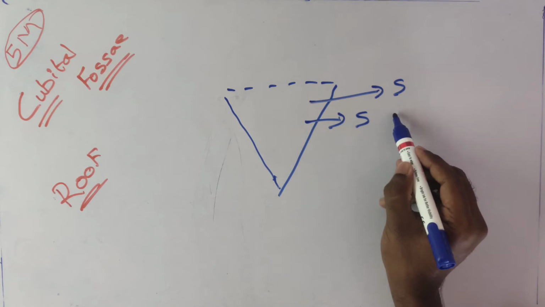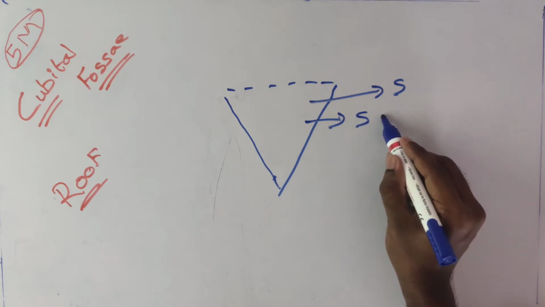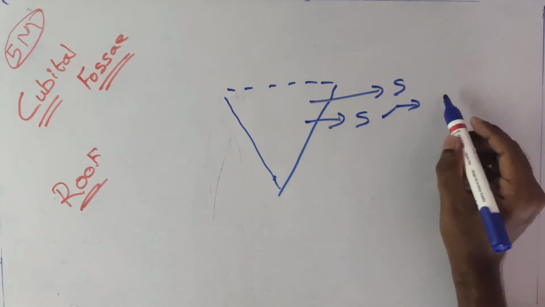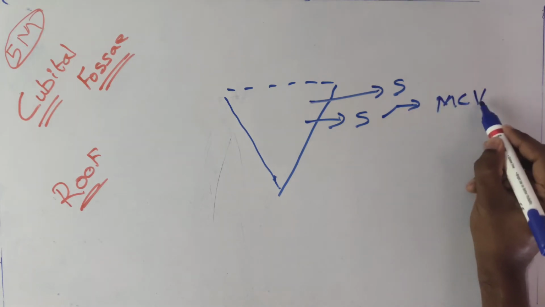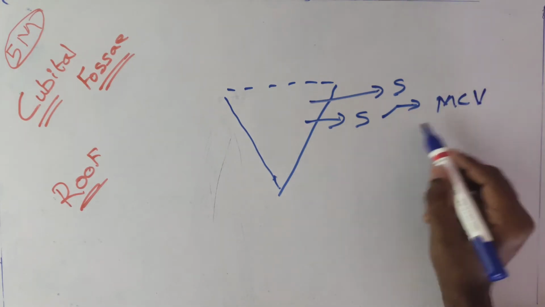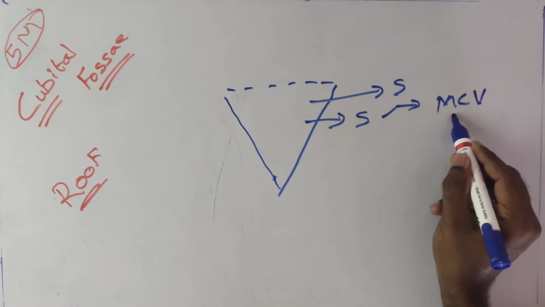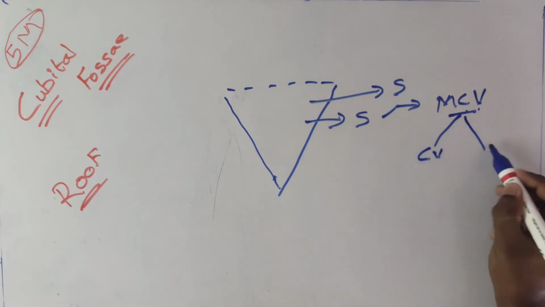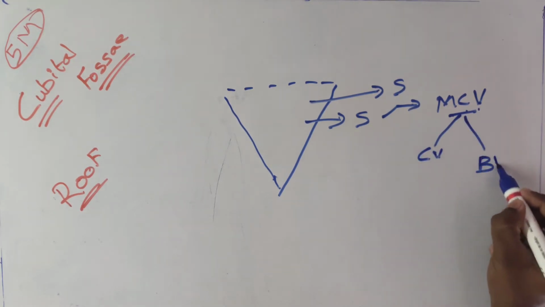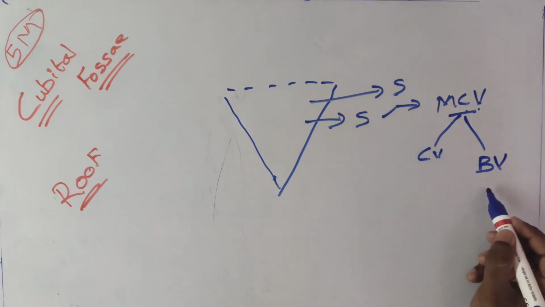In the superficial fascia, the cubital fossa contains the median cubital vein joining the cephalic vein and basilic vein.